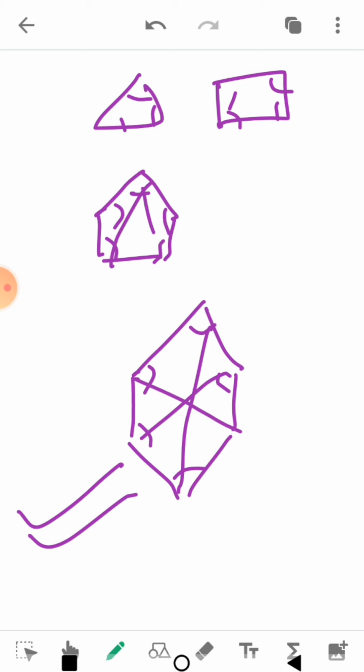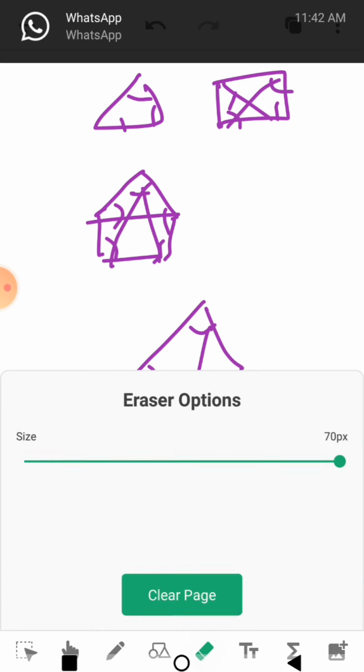Understand? And that's why these are called convex polygons. Okay, now concave polygon.